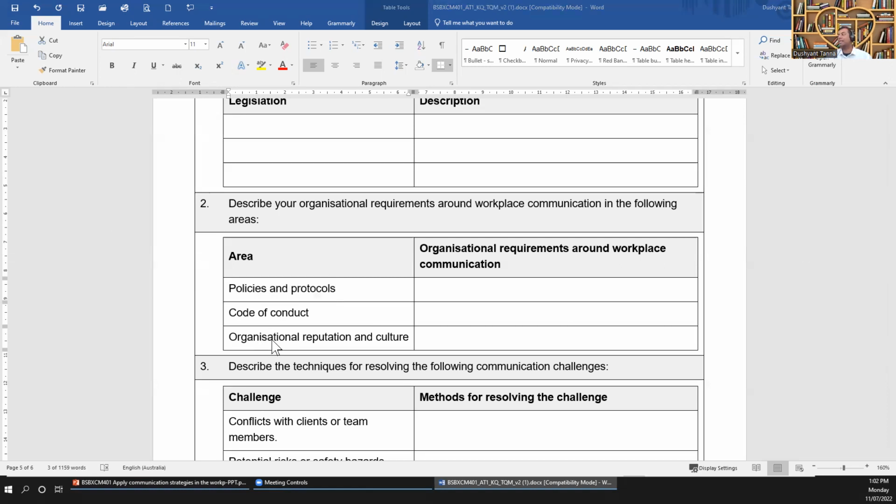And finally, organization reputation and culture. What is the organization's reputation? How do you preserve it? For example, I like working with APTC, but let's assume that I don't. That does not allow me to use social media or say bad things about APTC.